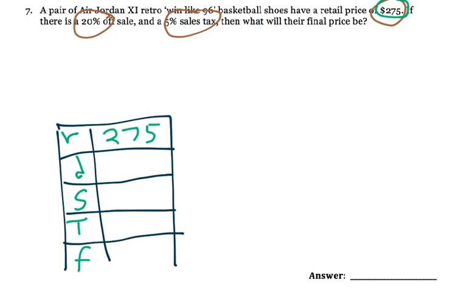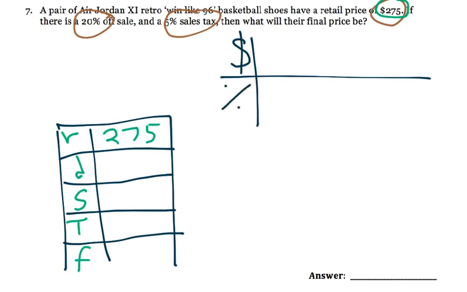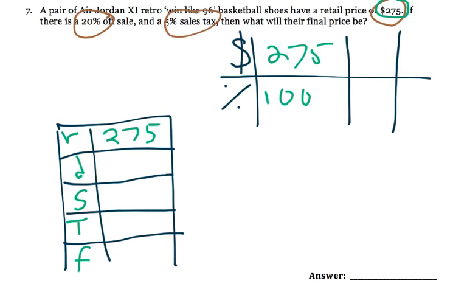To find the discount, we just make another of our ratio tables with 100% being $275, and then to get to 20%, we can first go to 10% and then up to 20. So when we divide the top 275 by 10, we'll get this number with a decimal, 27.5.